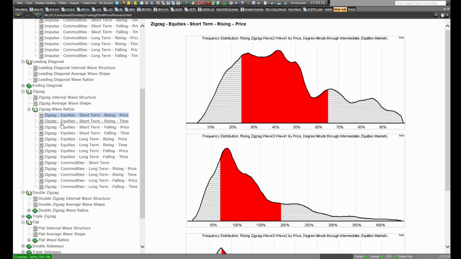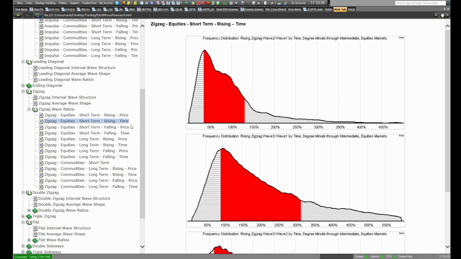And we have another statistic also for the time, because this is only concerning how deep the market is going down, or up in another case. In this case, we are talking about time. So we are comparing how long, in days or minutes or months, depending on the time frame you are looking at, it takes for the second wave compared to the first wave, for example.